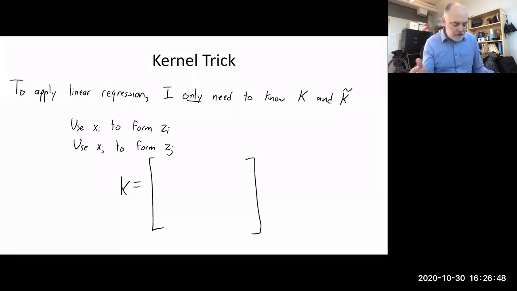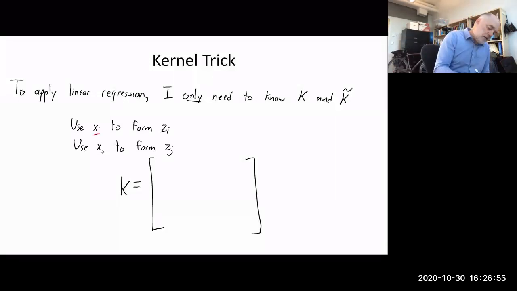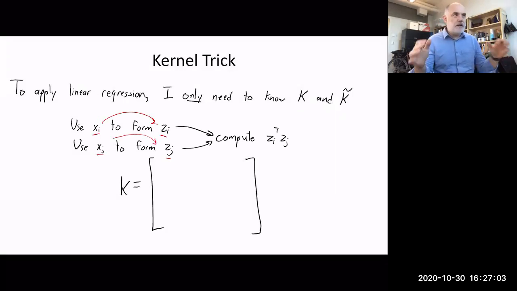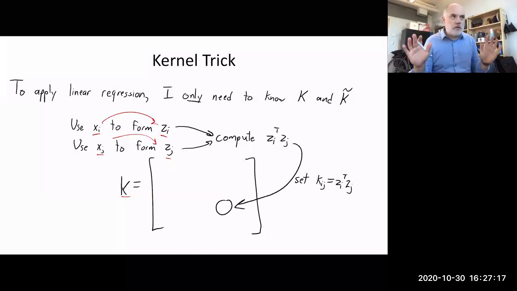The way we started was to do our basis expansion from Xi to Zi and Xj to Zj, use those to compute Zi transpose Zj, and then stick those in our Gram matrix K. Now we know K, we're good.